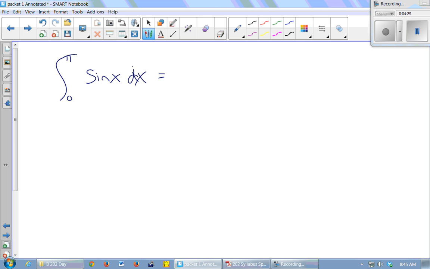If I use negative cosine x plus 3 as my antiderivative, I have negative cosine of pi plus 3. That's what I get when I plug in pi, and then subtract negative cosine 0 plus 3.